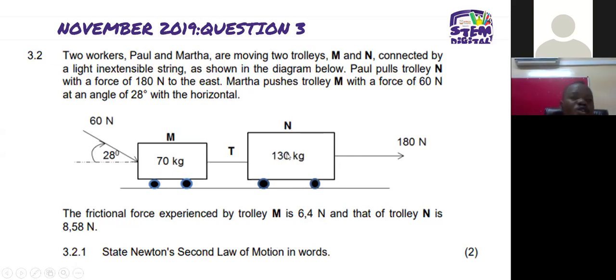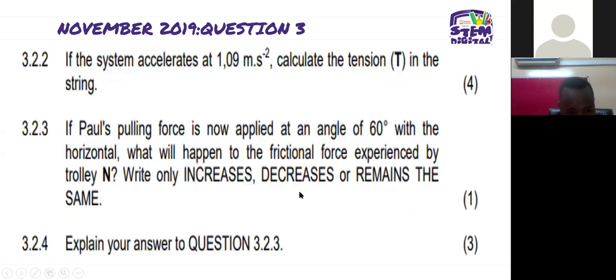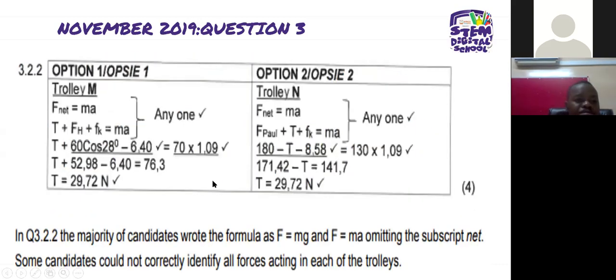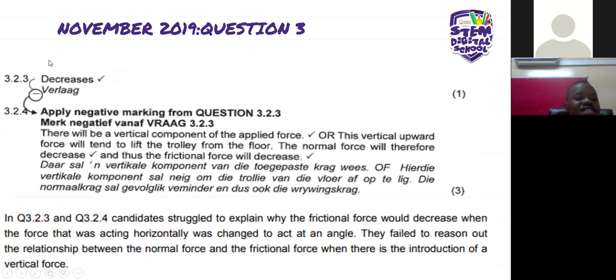And therefore, if you go to the formula, kinetic friction is the coefficient of kinetic friction times the normal force. Because the normal force decreased, the kinetic friction is also going to decrease. So our answer there is decreases.